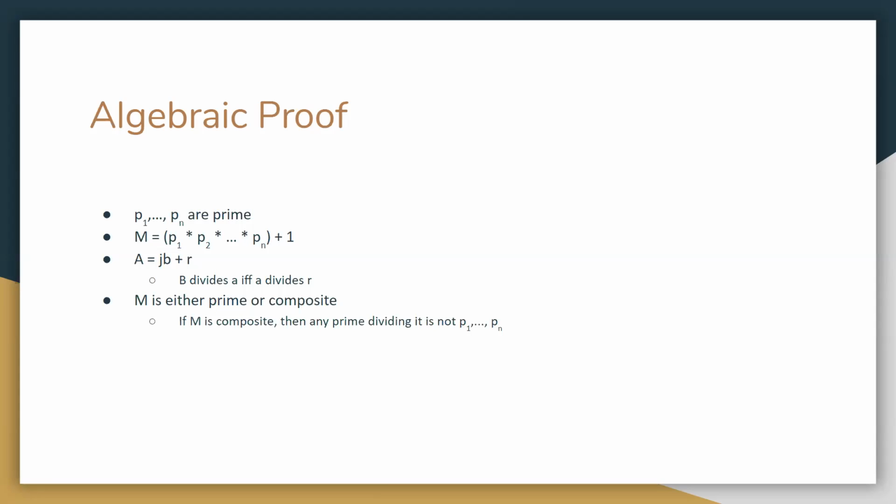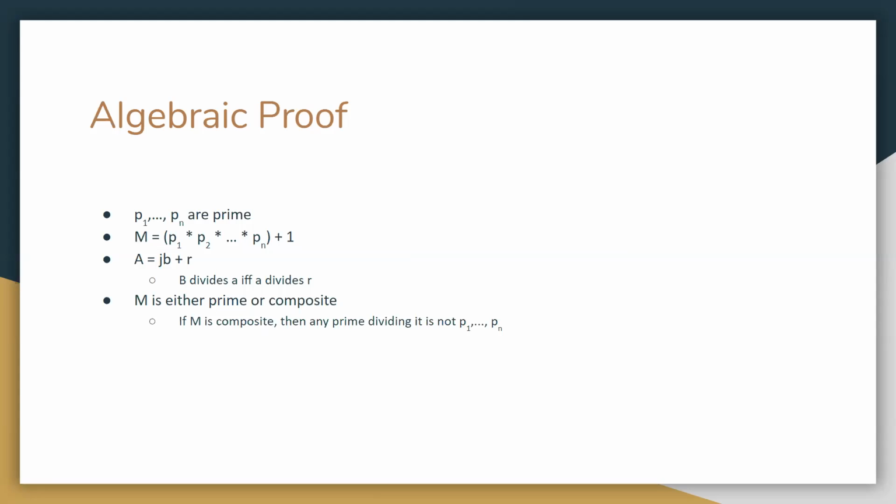But it's not divisible by P1 through Pn because of what we just proved using A equals JB plus R. Therefore, there's going to be some prime that isn't in that set, meaning that that finite set of primes is not all primes. And if M is prime, obviously, that's an additional prime.